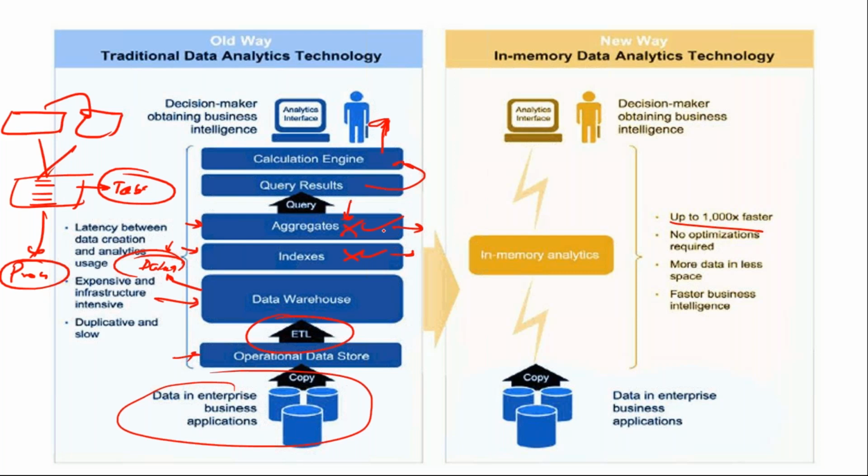On top of it, how many aggregate tables have to be updated in parallel. So when so many parallel updates happen, it eventually brings down the throughput of the system. Just to keep the throughput of the system high, they have said aggregates and indexes have been eliminated, and all these aggregates and indexes will be kept as views. They will not be physical tables. Those will be maintained as views in the system.